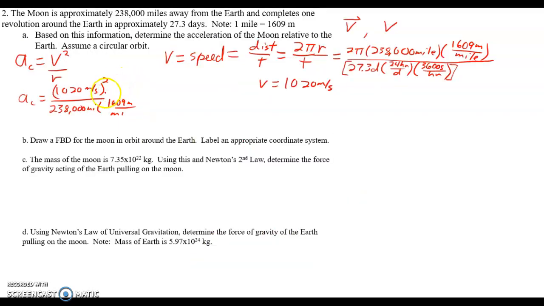Sorry about that. And so we get an a_c value of 0.00272. Units are meters per second squared.